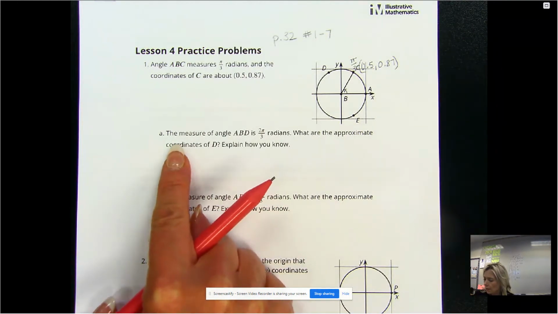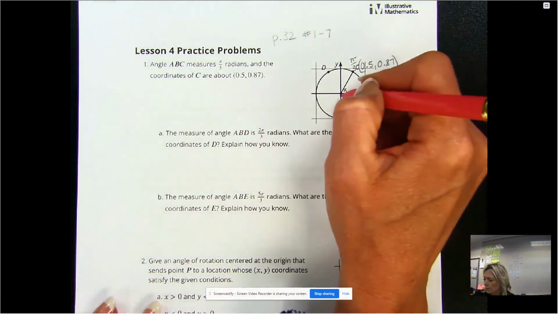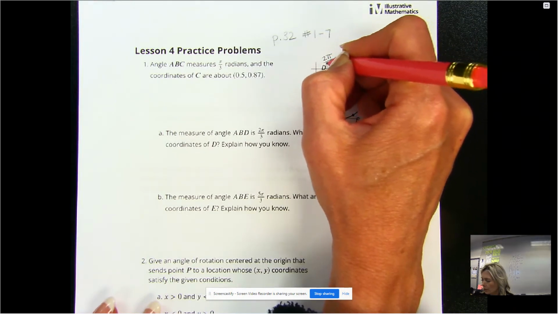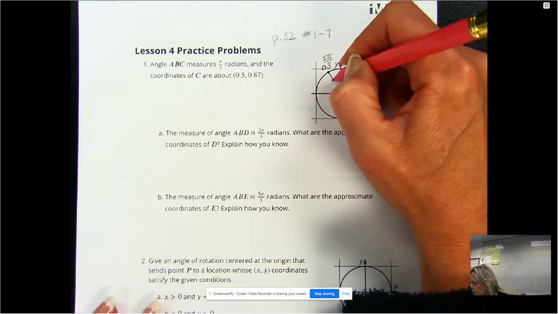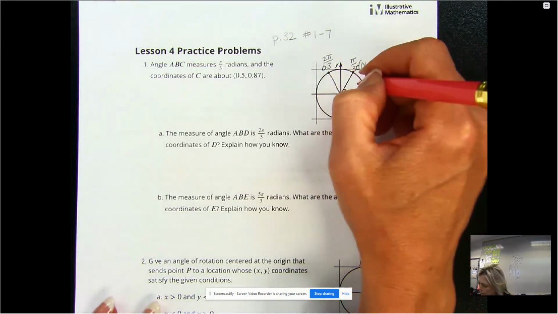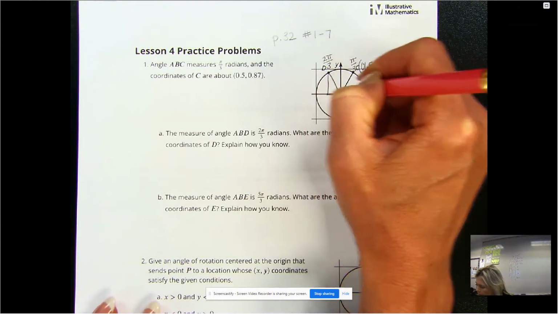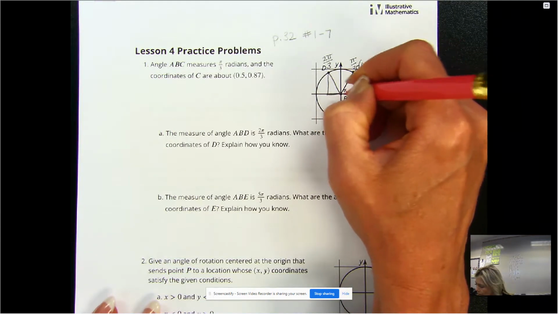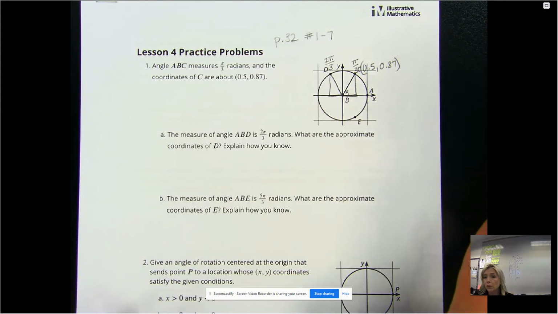For question A, the measure of angle ABD is 2 pi over 3. So ABD, this one is 2 pi over 3. So if we think about the coordinates of that point, these right triangles, if I make a right triangle to figure out the x and the y coordinate there, compared to the right triangle that we would use here, they should be congruent.